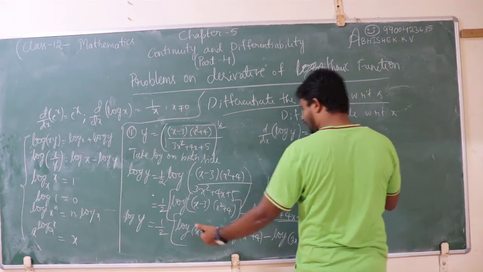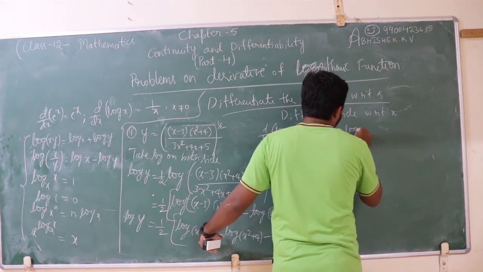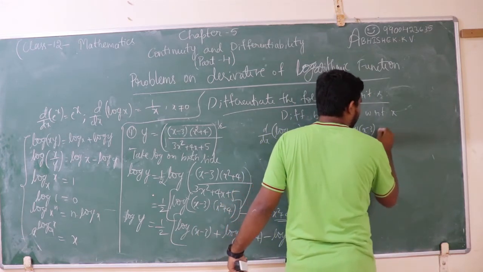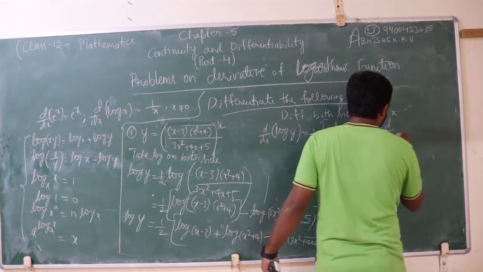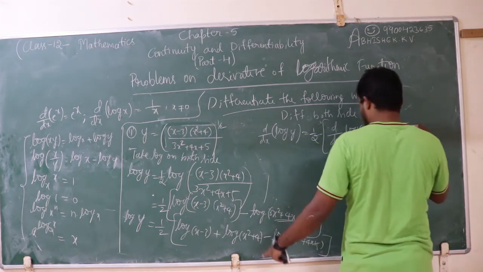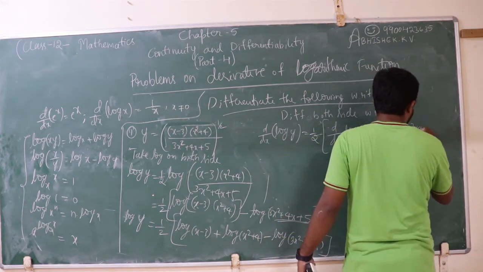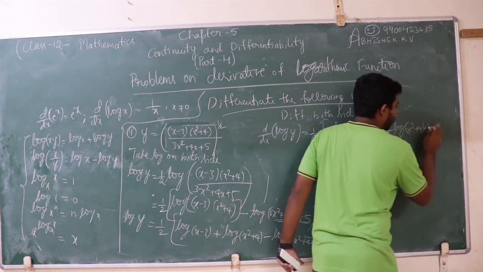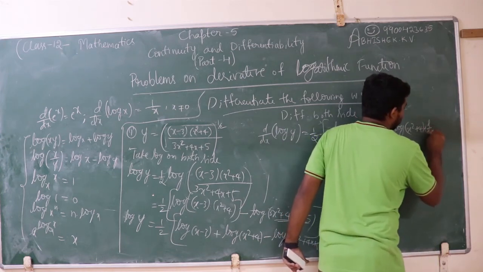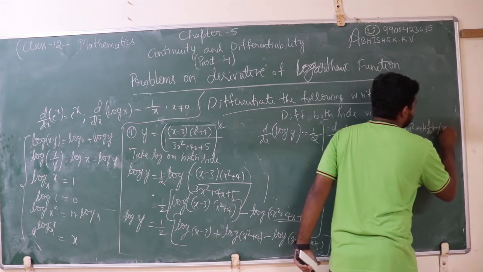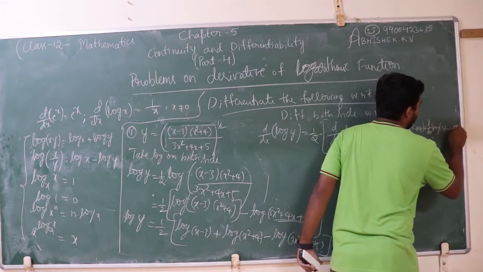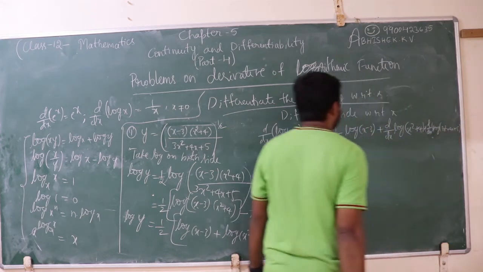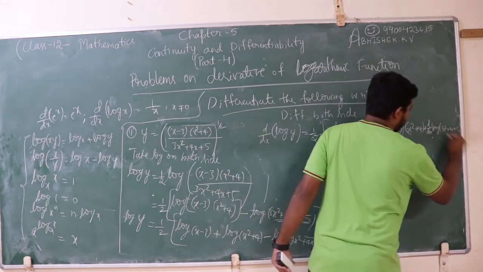So, similarly, you can write derivative of log of x minus 3 plus derivative of log of x square plus 4 plus derivative of log of 3x square plus 4x plus 5, close the bracket.